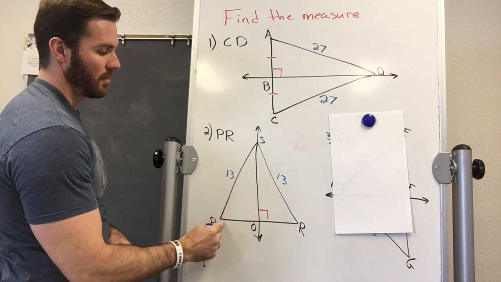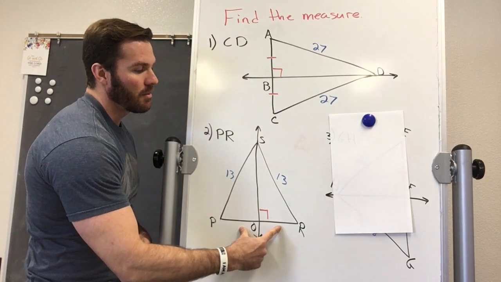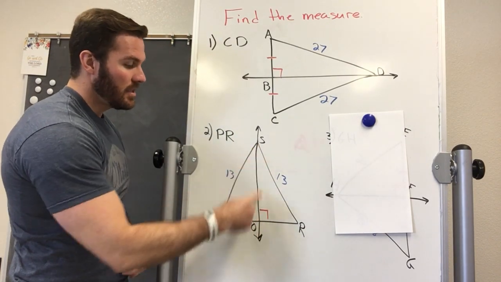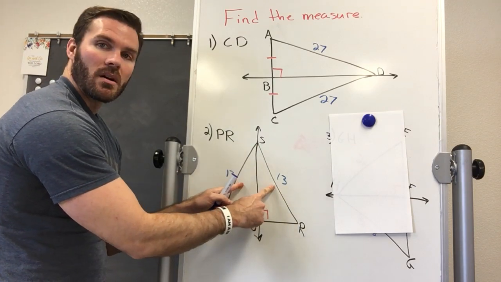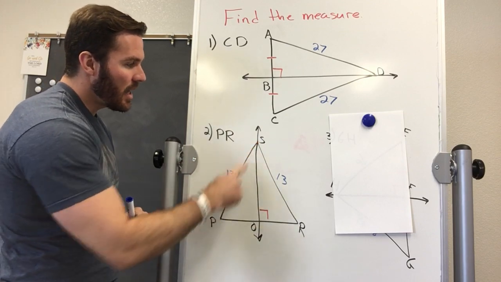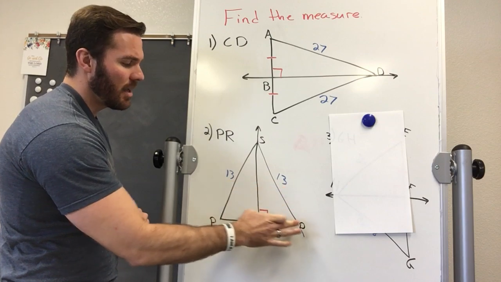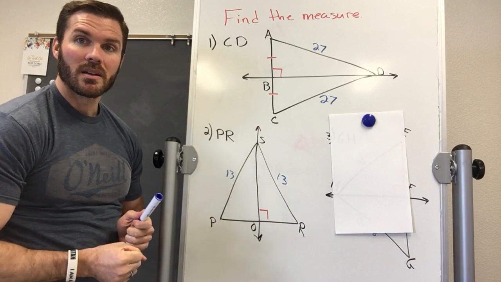PR, we're looking here to here. Now, they didn't say that these are congruent, but we know they are congruent because SQ is perpendicular and these two are congruent. And if this point is equidistant from the endpoints, same distance from the endpoints, then these two are going to be congruent.